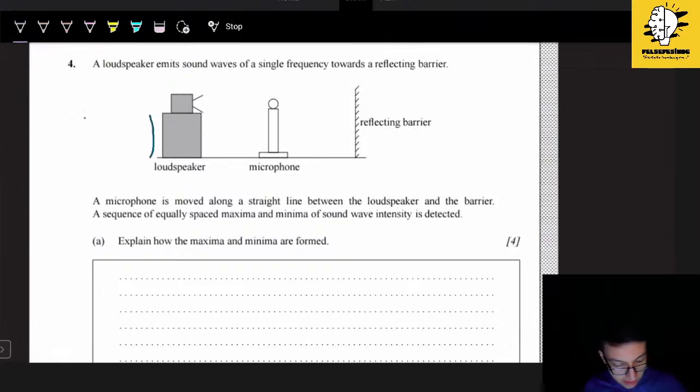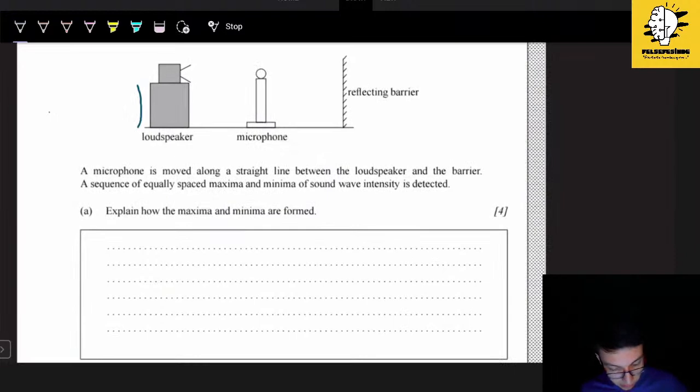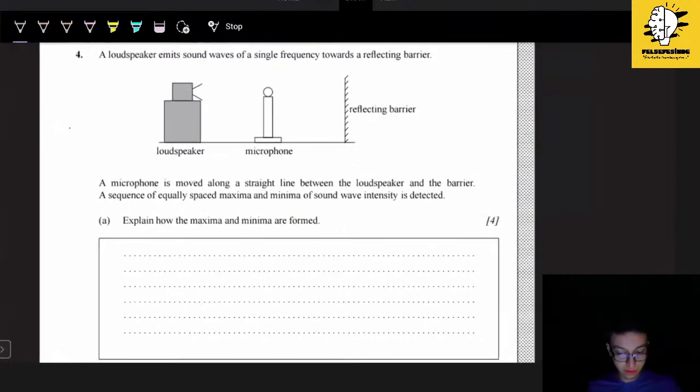So it says, there is a microphone along a straight line between the loudspeaker and the barrier. So there will be maxima and minima in this wave phenomenon. It says explain how maxima and minima are formed in this case.